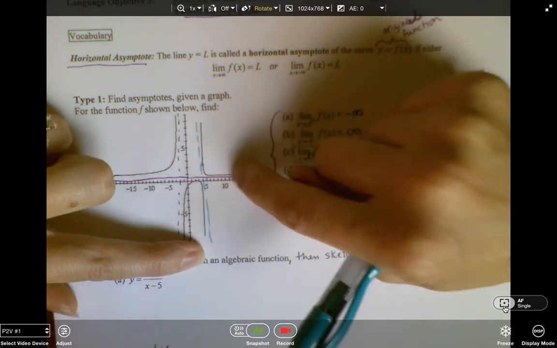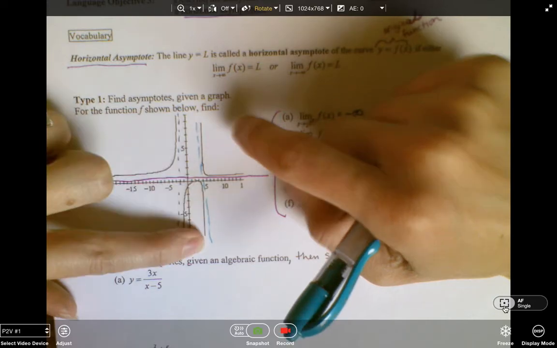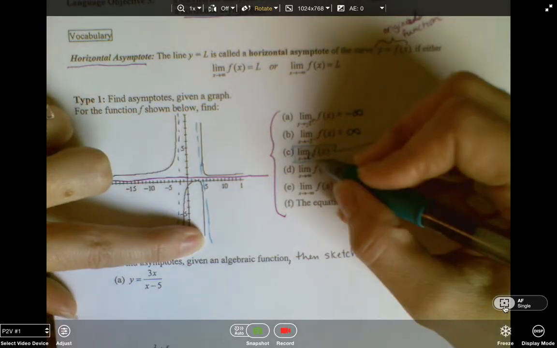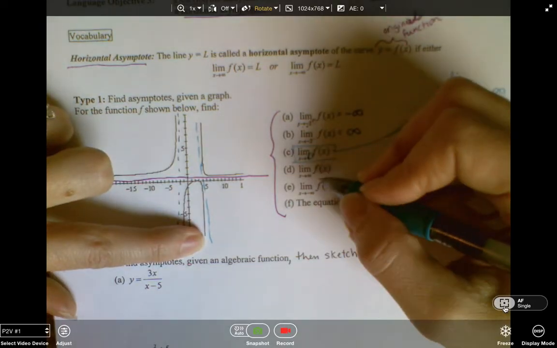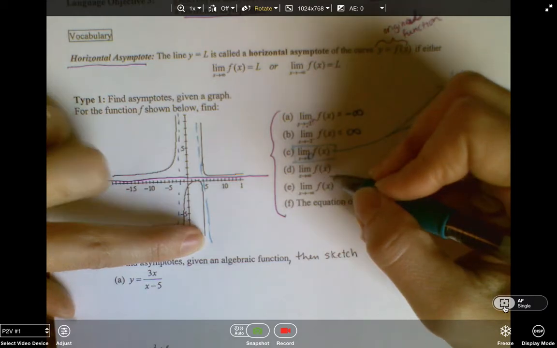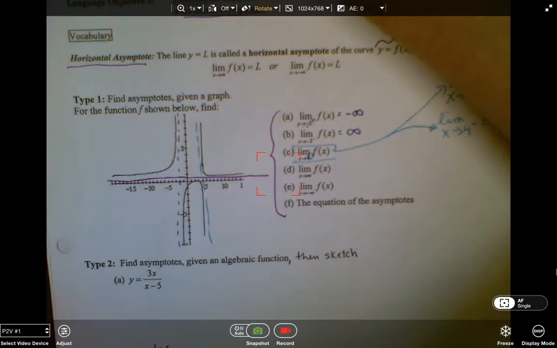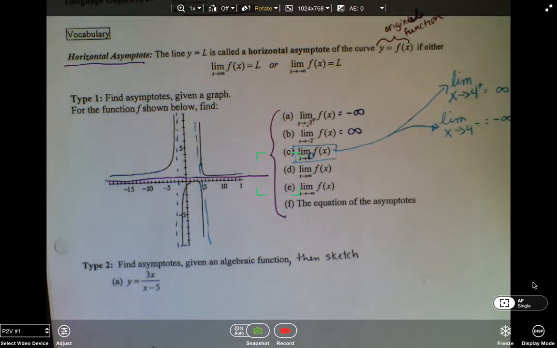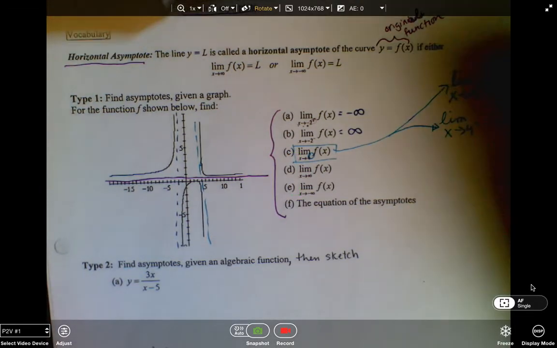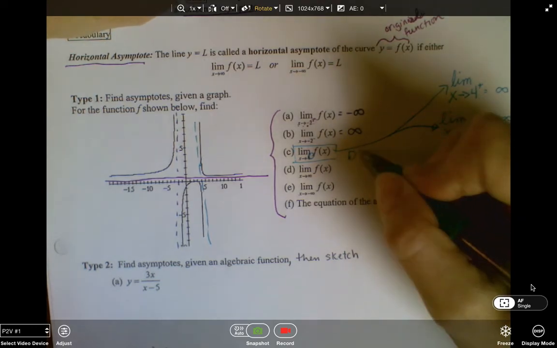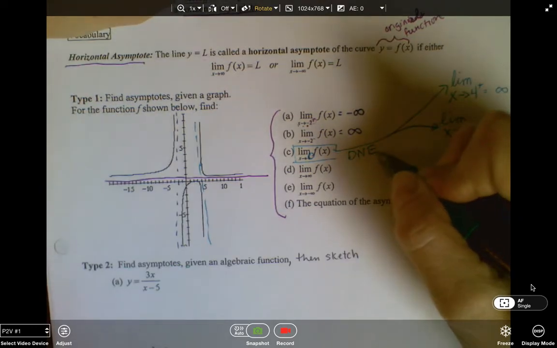It's doing one thing from the right and one thing from the left. So there's not one way that I can describe the function coming towards the number 4 because it does 2 different things. So what I would say there is that there's no way to describe that, so it does not exist.